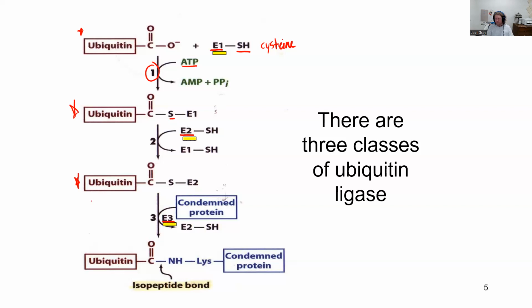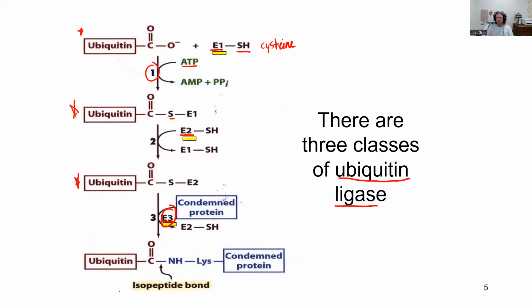E2, when it is ubiquitinated, is ready to transfer the ubiquitin onto our protein that we're going to be condemning, or more or less degrading. The enzyme that does the activity of transferring ubiquitin onto a target protein is E3. These are all enzymes that are known as ubiquitin ligases.